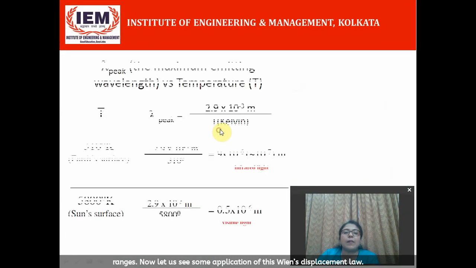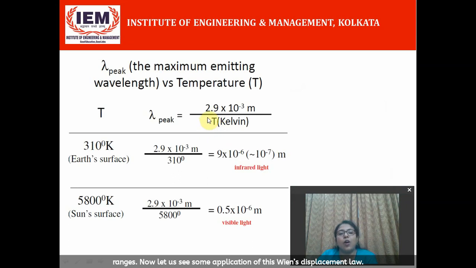Now let us see some applications of Wien's displacement law. If the temperature of the Earth's surface is 310 Kelvin, and we put that value in Wien's displacement law formula, we get the wavelength emitted by the Earth's surface, and we see that the radiation is in the infrared region.